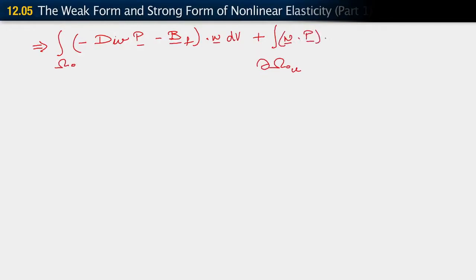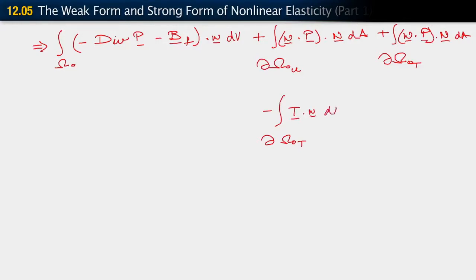So in my integral over omega naught is minus divergence of P minus BF, the whole thing dotted with W dV, plus the integral over the displacement boundary of W dot P, the whole thing dotted with N dA, plus the same integrand but now over the traction boundary, and then we have this over the traction boundary, everything equal to 0.